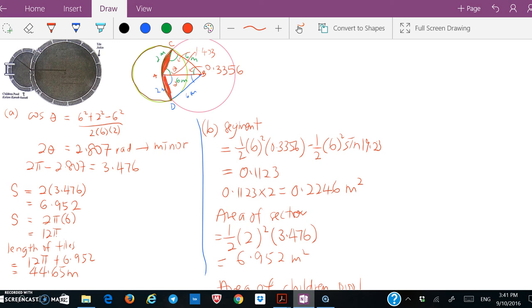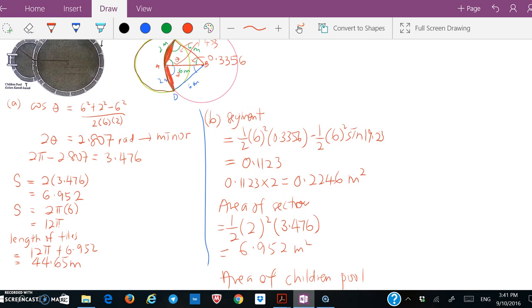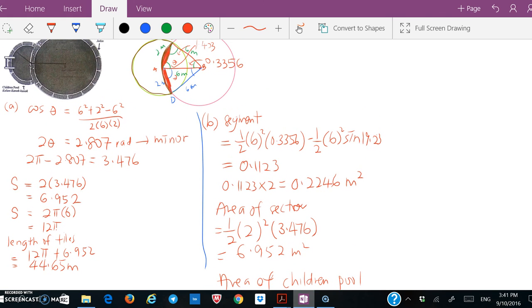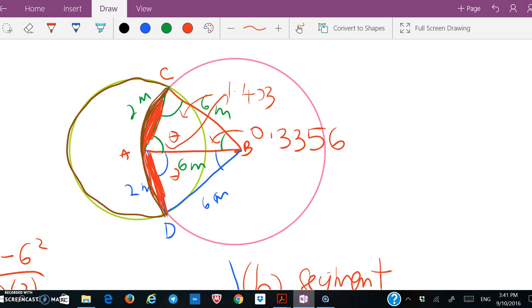Okay, that's all for now. The most important thing is to understand the exact way to solve this by drawing a new diagram.